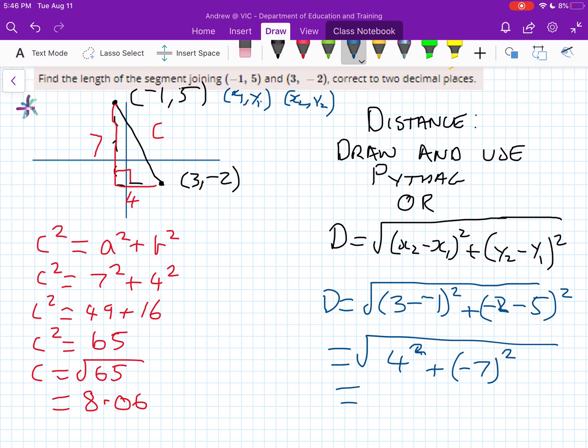This leaves us with the square root of 4 squared plus 7 squared, which is equal to the square root of 65, as well.